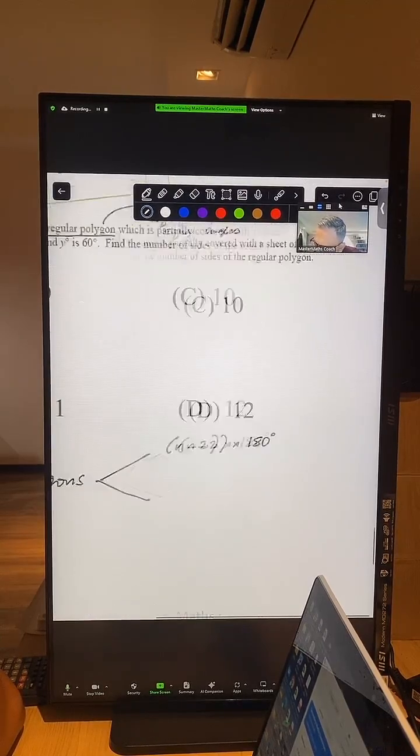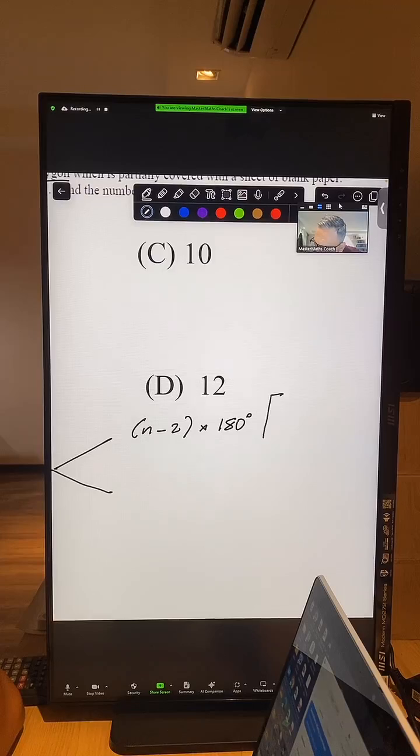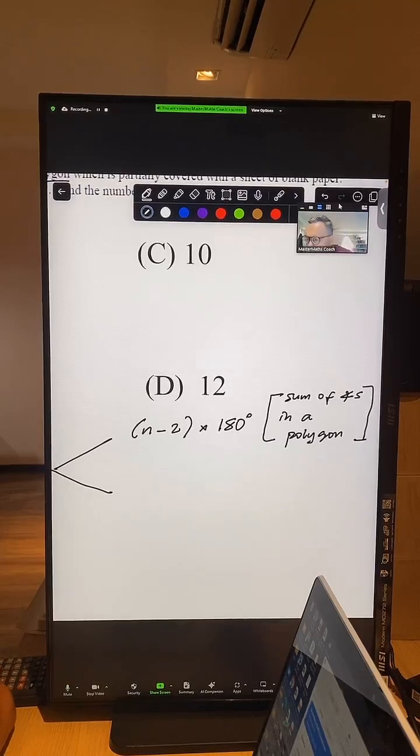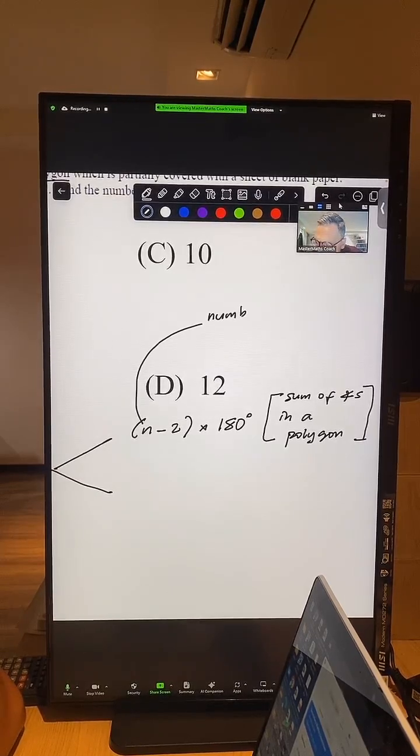This formula is the sum of angles in a polygon. N here is the number of sides. So if your polygon has 5 sides, you take 5 minus 2 times 180.